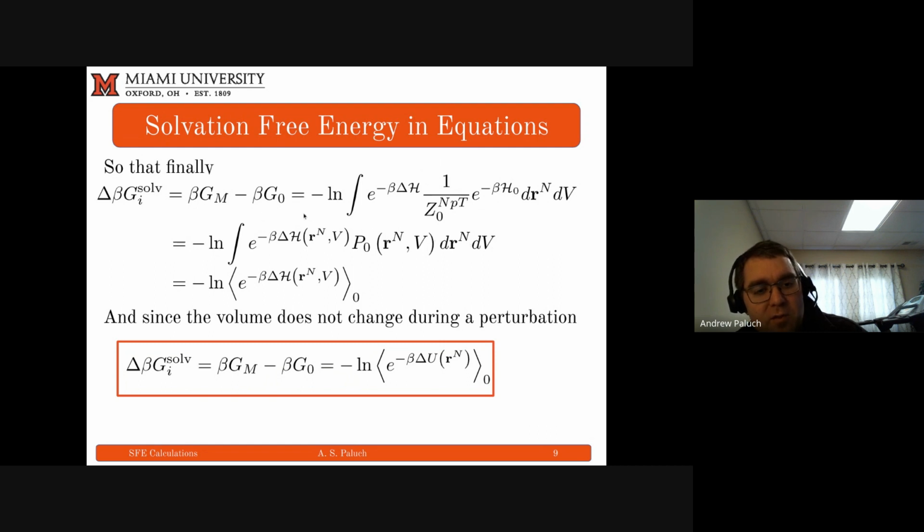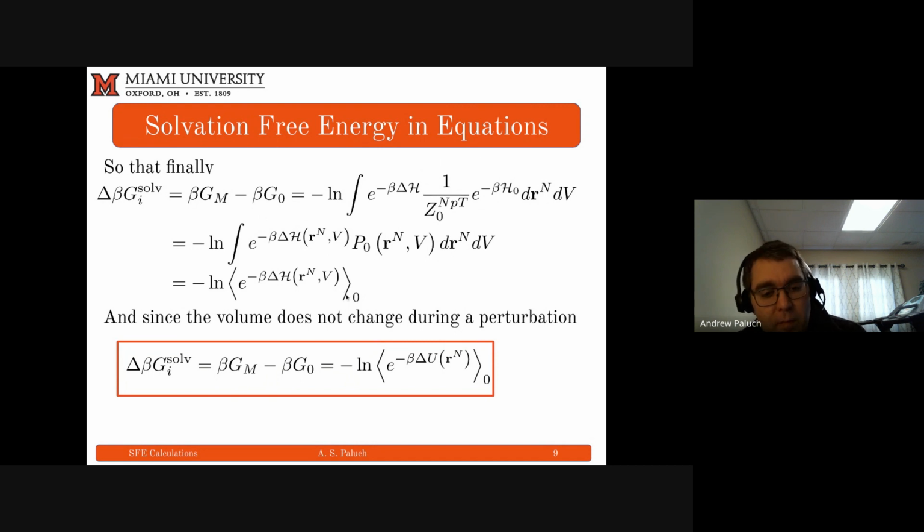Well, then this just becomes an expectation value. So this is equal to the negative log, which I've been neglecting, of the expectation value of e to the negative beta delta H within my reference state.